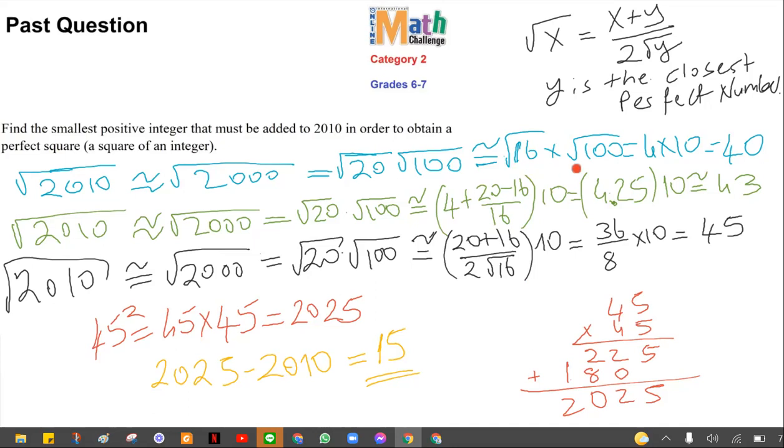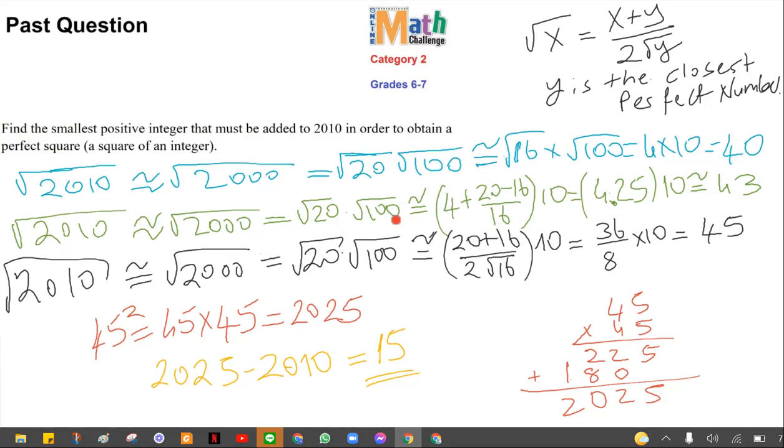With this rough approximation, here we got 4, here we got 10, so it is 40. So we can roughly say that 40 squared is a close perfect square. But we see that it is not actually that close, so we need to check a bigger number, maybe 41 or 42, so we are not sure.